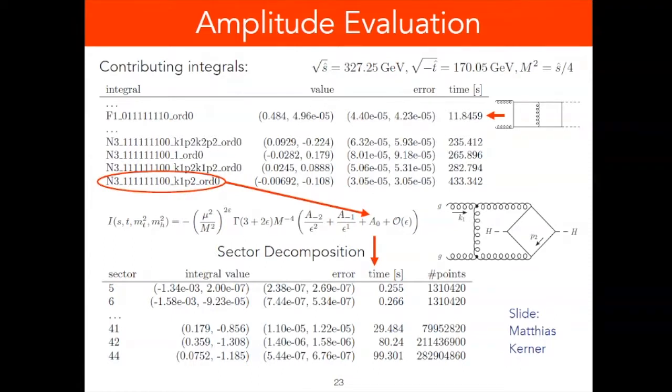So it's really quite stratified. And we try to choose the number of points based on the contribution of this sector to the overall error of the amplitude, but also based on the time that it takes to evaluate points in this sector, so that we try to minimize the time to get to a given accuracy in the amplitude. And we do this using Lagrange multipliers.